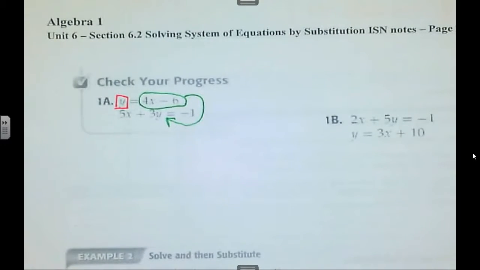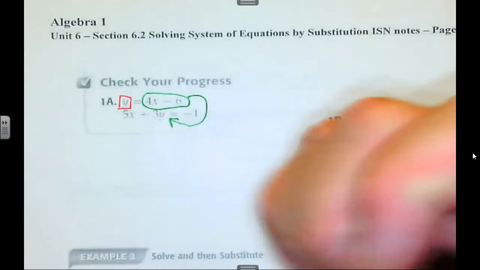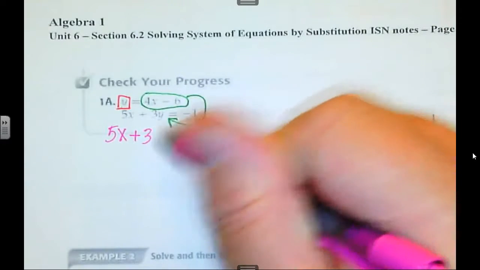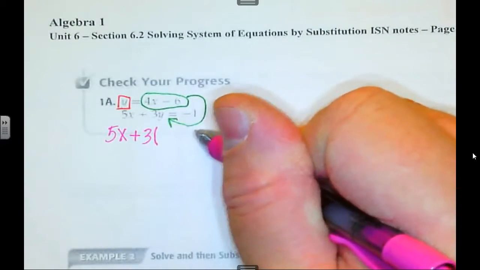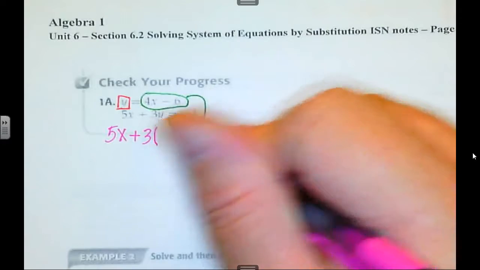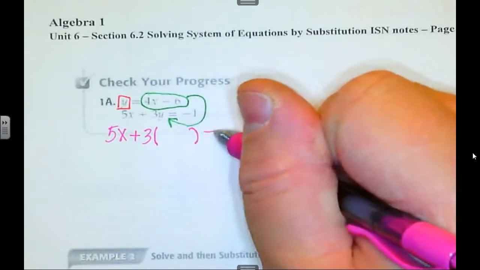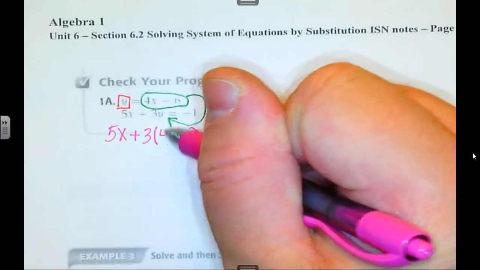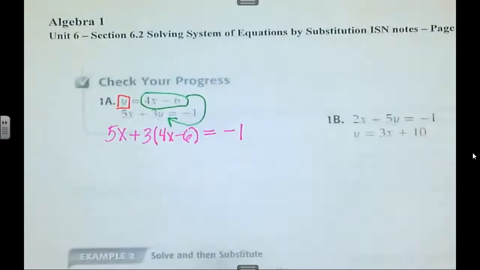Now, please, when you're recopying this, make sure that you put that y in parentheses. In fact, I'm going to hold off putting the y in there until I write everything down. Well, what does y equal? Well, it equals 4x minus 6. I put it in my parentheses.